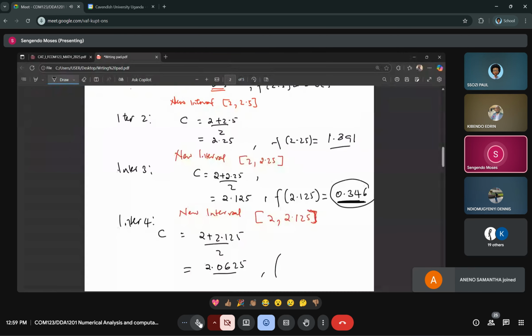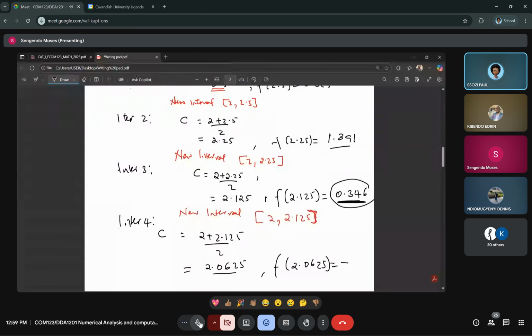Now we evaluate the function at this value to give us negative 0.351. Okay, this is negative, more negative compared to the one before.